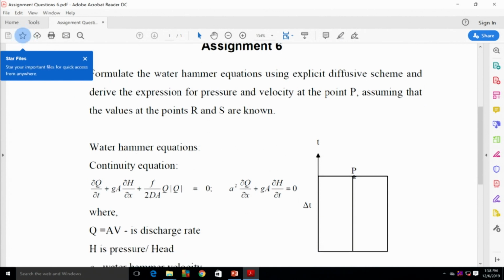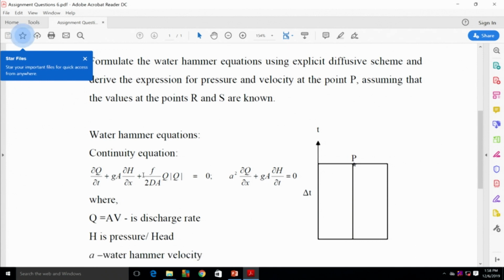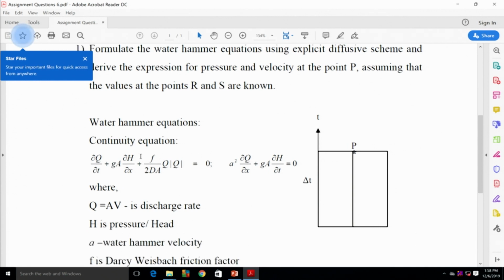In the water hammer equations, we have the continuity equation and the momentum equation. Here del Q by del T plus gA into del H by del X plus f by 2 D A, Q modulus Q is equal to 0.